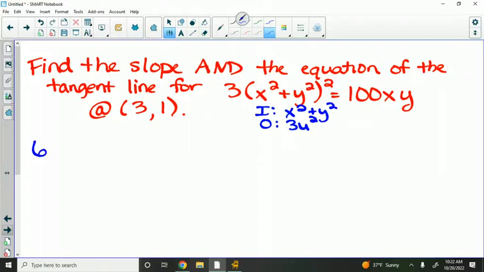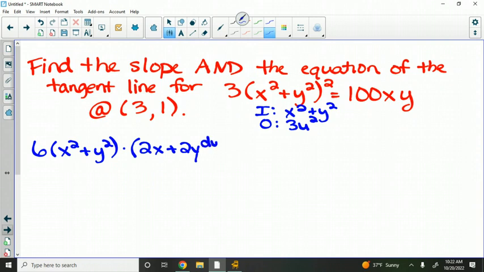So we'll have 6, keep the inner, times the derivative of the inner. So when we go to derive that, we'll have 2x plus 2y and then a dy dx beside that. So that's our left-hand side. That's our chain rule. Make sure we're okay there. Derivative of the outer, keep the inner, times the derivative of the inner.